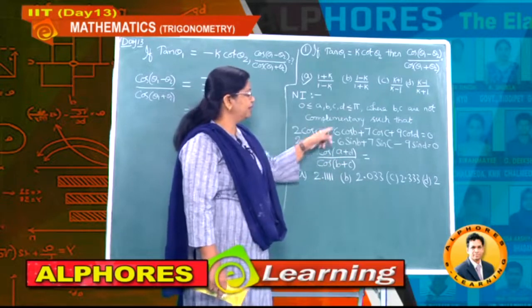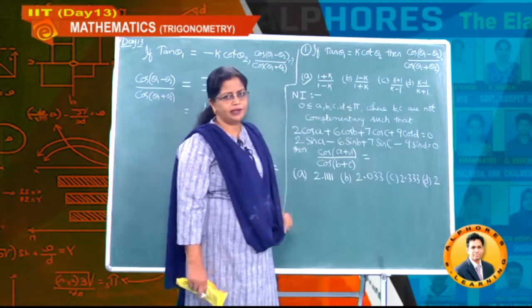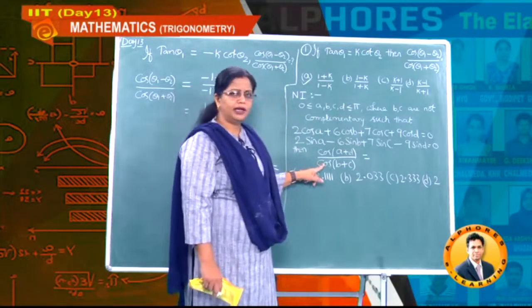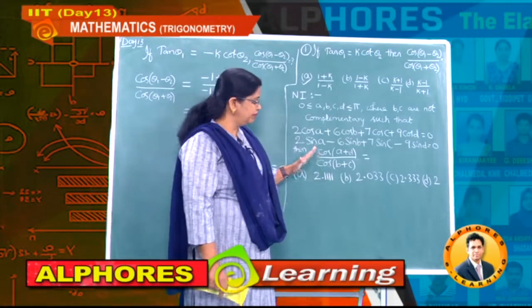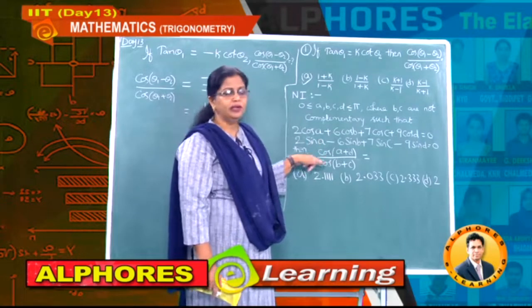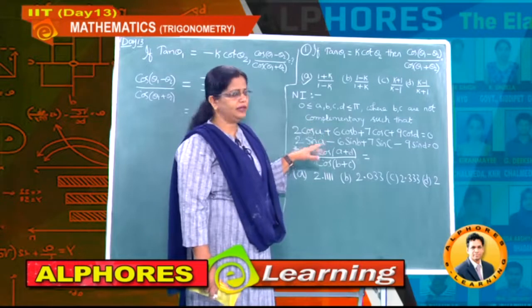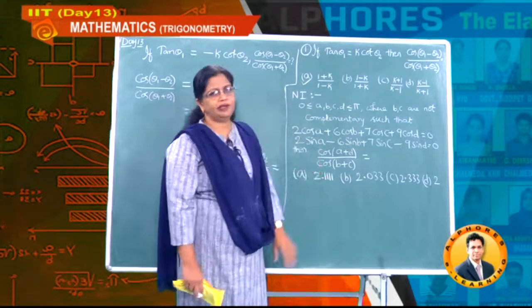That's why they clearly mention B and C are not complementary. While setting IIT problems, they take so many precautions that no one can object that this is a wrong question. So they gave this condition so that it is a finite value.